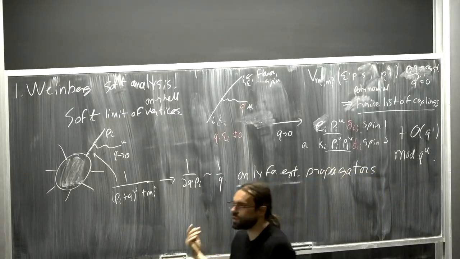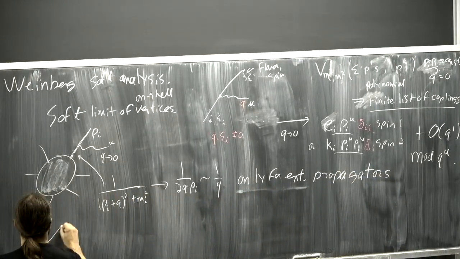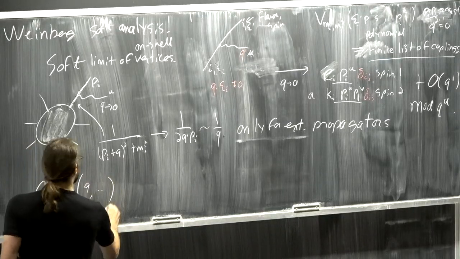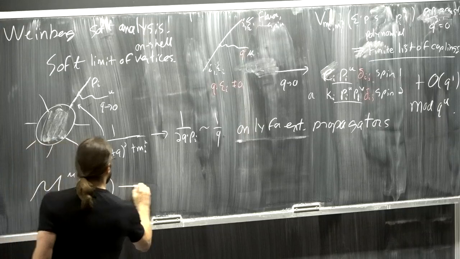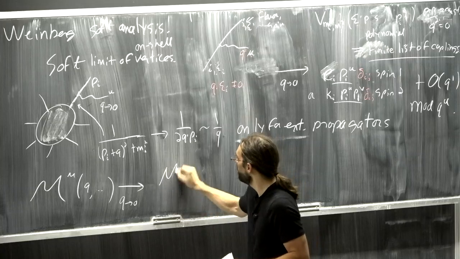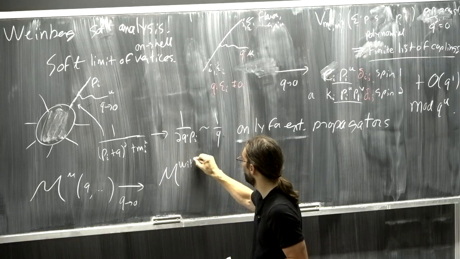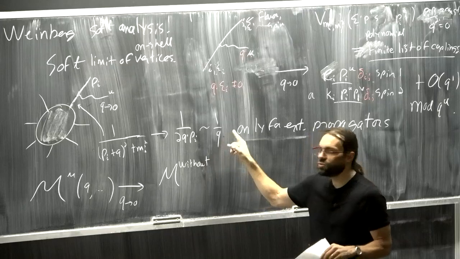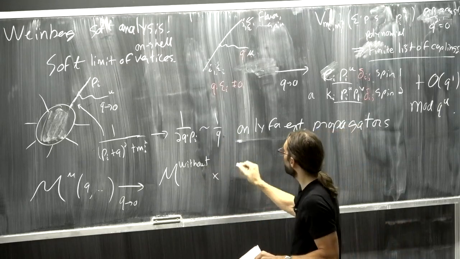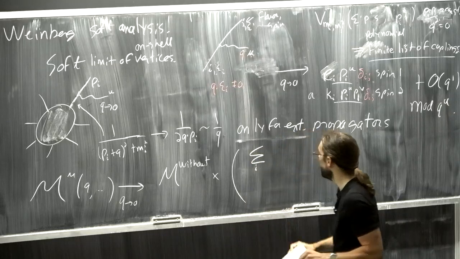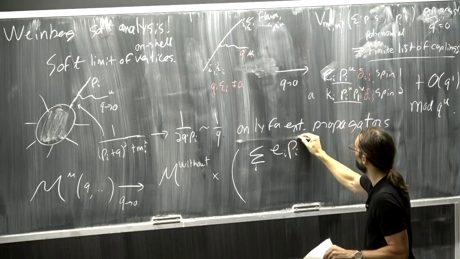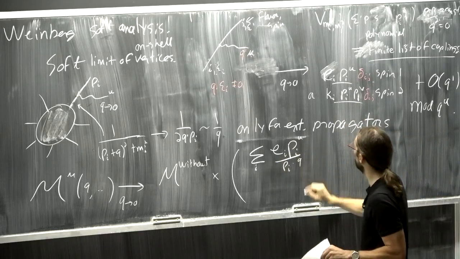And that allows you to directly write down the soft limit of the amplitude. The soft amplitude with one extra soft photon, for example, as q goes to 0, goes to the amplitude without the soft photon, and since q is going to 0, momentum conservation is still respected, times a sum over all the external legs of the charge, with this vertex p_i^mu over p_i dot q.